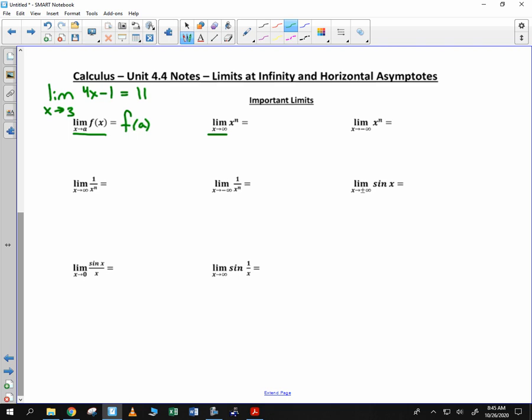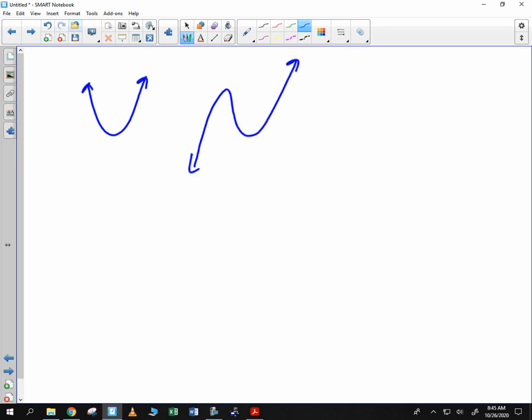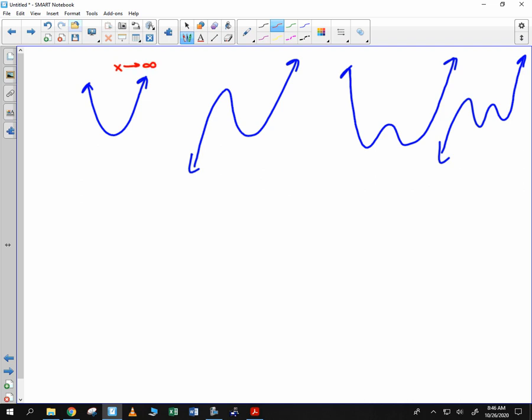If you think of a power function, for example, if we have a quadratic, or a cubic, or a quartic, or a quintic, you notice in those situations, as x goes towards positive infinity, the y value, or f of x, also goes towards positive infinity. You can see that this trends upward, this trends upward, this trends upward, and this trends upward.